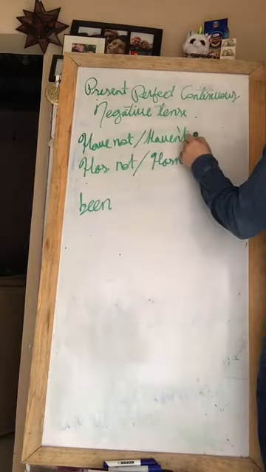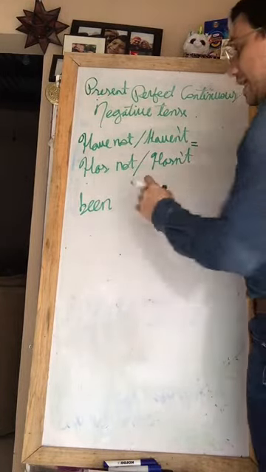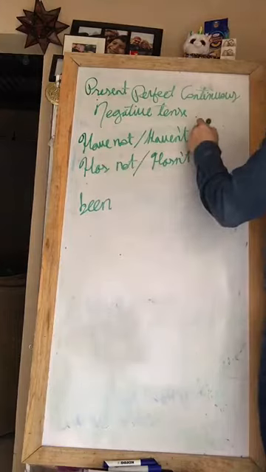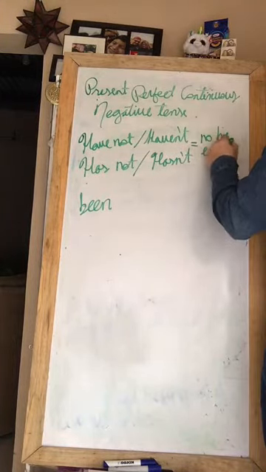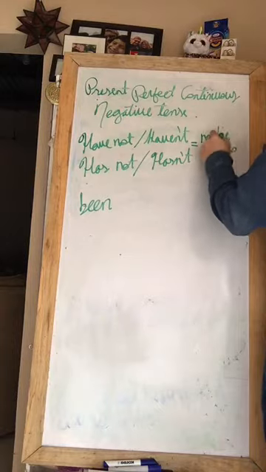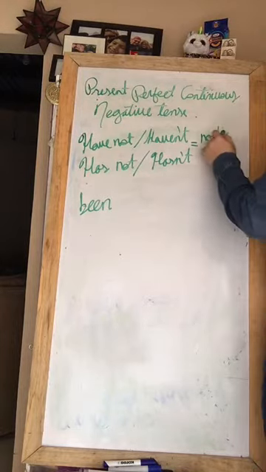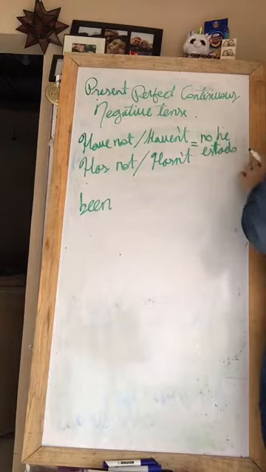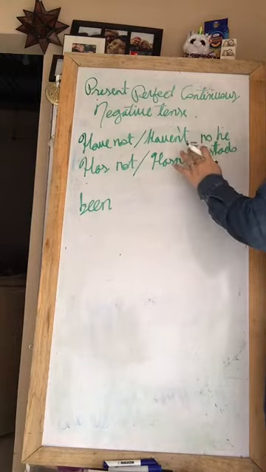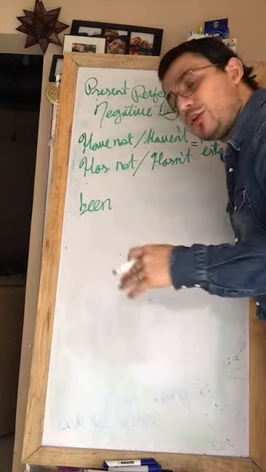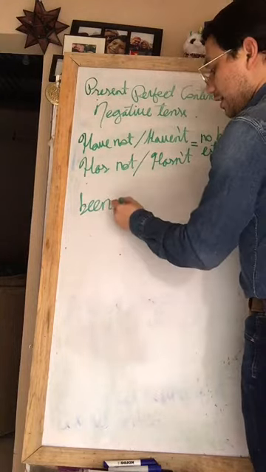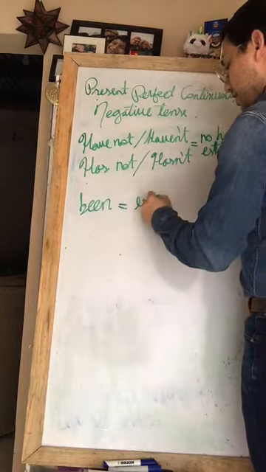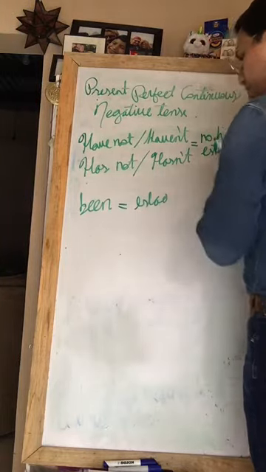Now this will still be estado, but in this case no he estado. We are going to add to it because we cannot say no estado. We have to make an interpretation of what this would be in Spanish, and then been is still gonna be estado.